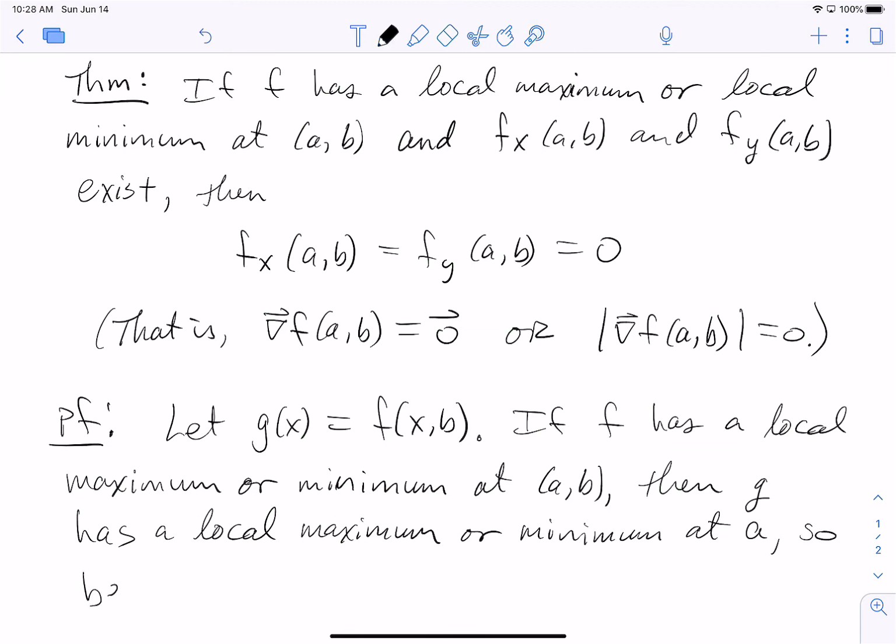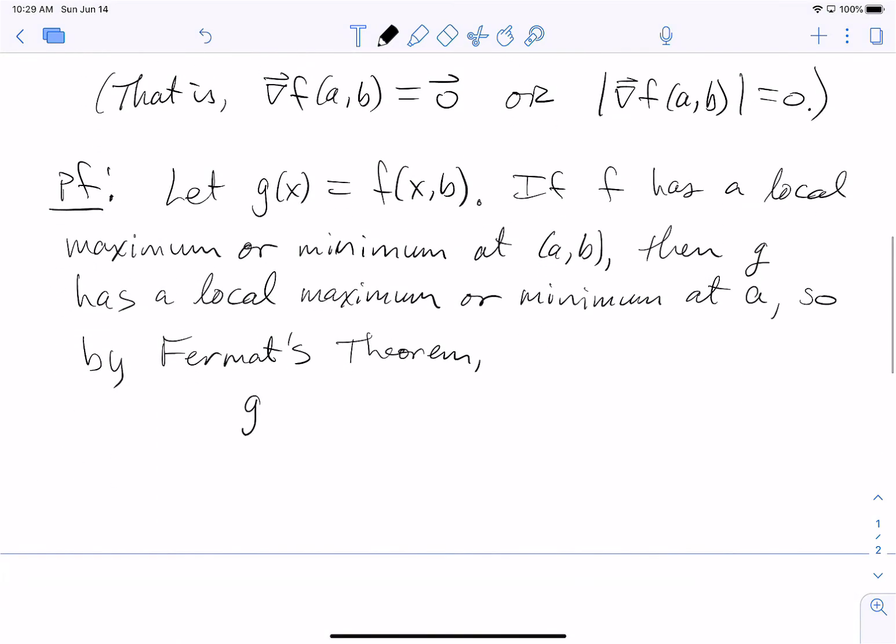So by Fermat's theorem, we have that g prime of a is equal to 0, but that happens to be the partial of f with respect to x at (a, b). And we can make a similar statement about f_y.